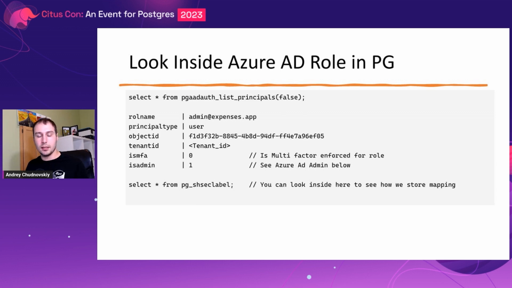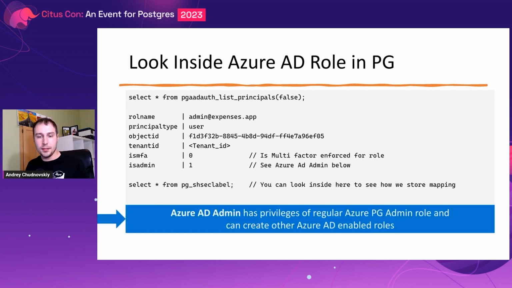isMfa allows you to require a multi-factor claim specifically for the Postgres server. If it's not generally required in your tenant, then the database connection can be made more secure than the tenant in general. isAdmin denotes if that particular user is an Azure AD admin.